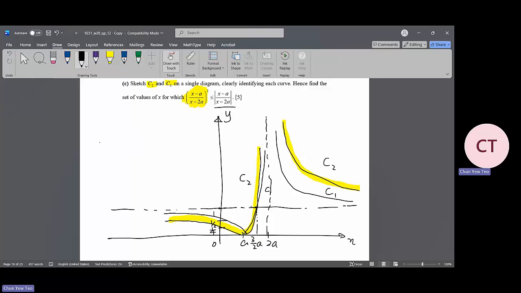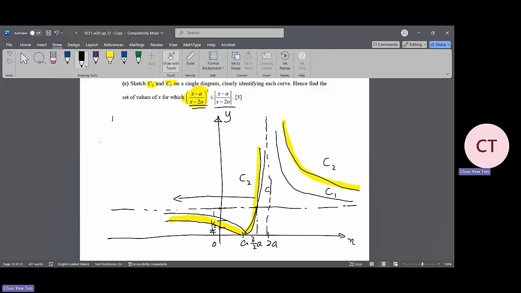Okay, so you can see that in order for the yellow graph to be lower than the modulus graph, it will be here onward.